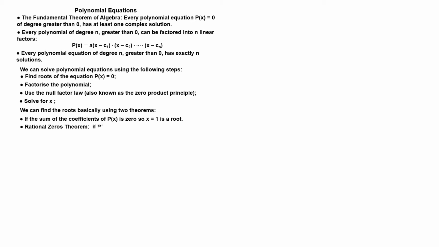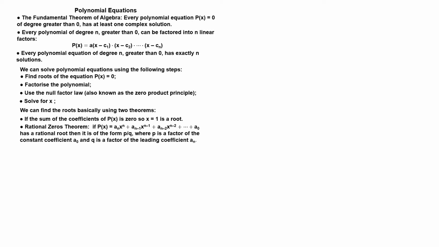Rational zeros theorem. If p of x has a rational root, then it is of the form p divided by q, where p is a factor of the constant coefficient and q is a factor of the leading coefficient.